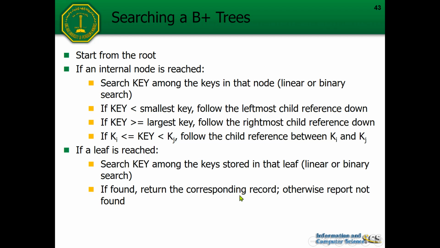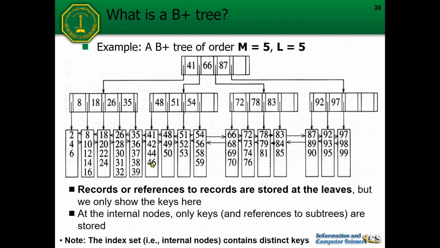Searching in a B+ tree is almost the same as searching in a B tree. It is a really simple operation. Let's look at an example to understand this operation. Now we will use the same example. Say we want to search for key 85. Searching starts at the root.